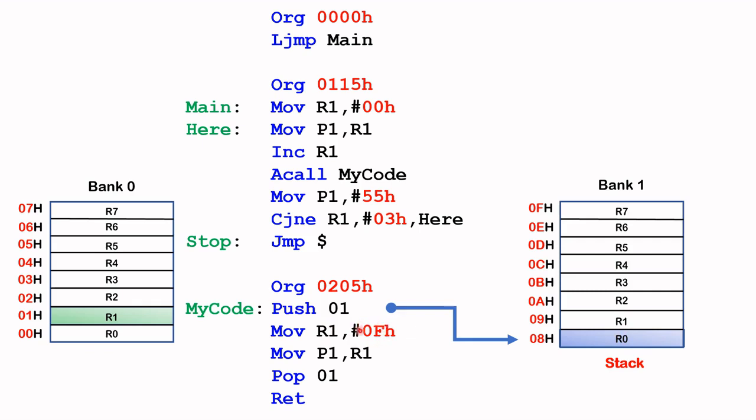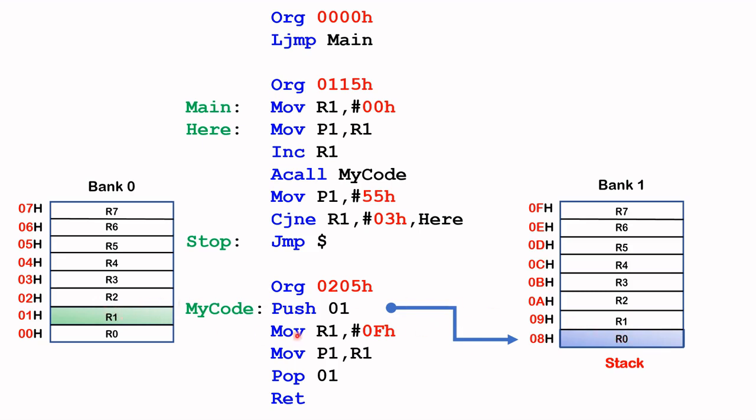And then we copy this value 0F into R1, which is referring to this R1. So the previous data stored here would be eliminated, replaced by 0F, but not to worry, because a copy of that now remains on the stack. When you push the contents of R1 to the stack, physically it doesn't take the value here and move it across.